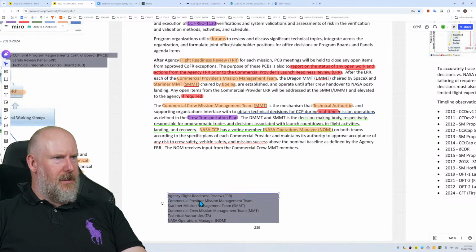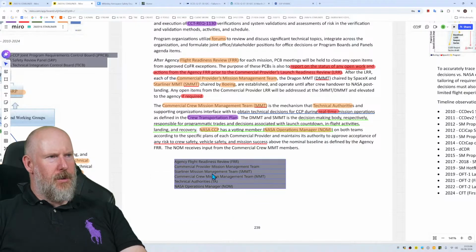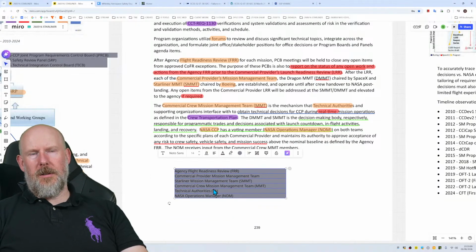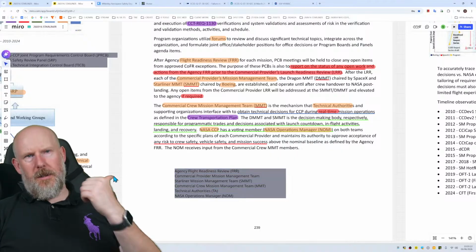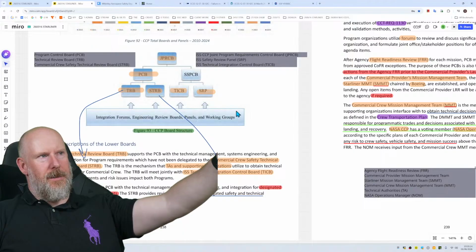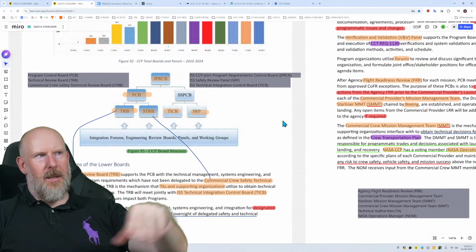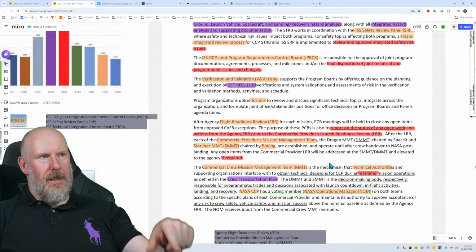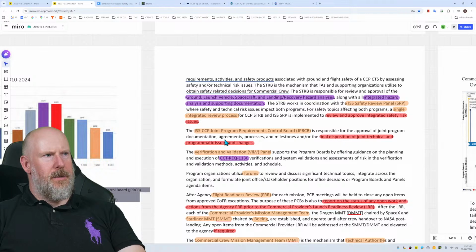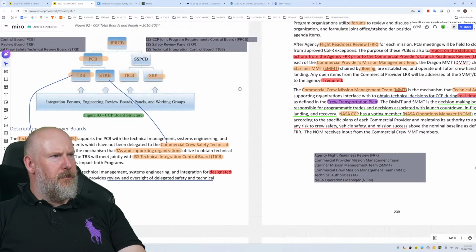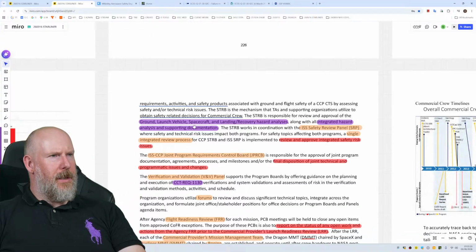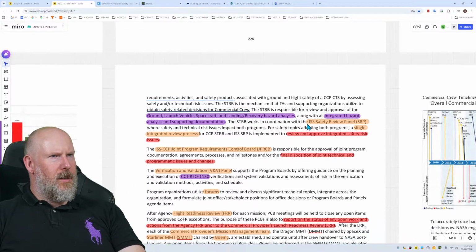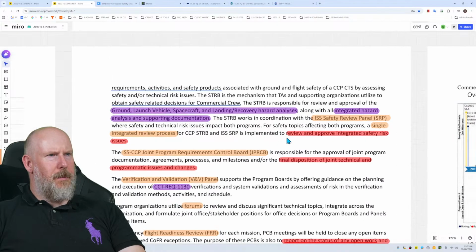So all of that is sort of the higher levels of the control structure above the actual vehicle and the crew. And then off to the side of that, you've got all of these PCBs and SRPs and everything else from a design development perspective, but also overlaps with the anomaly issues. Where's the bit about anomalies? There was a bit about anomalies, wasn't there?